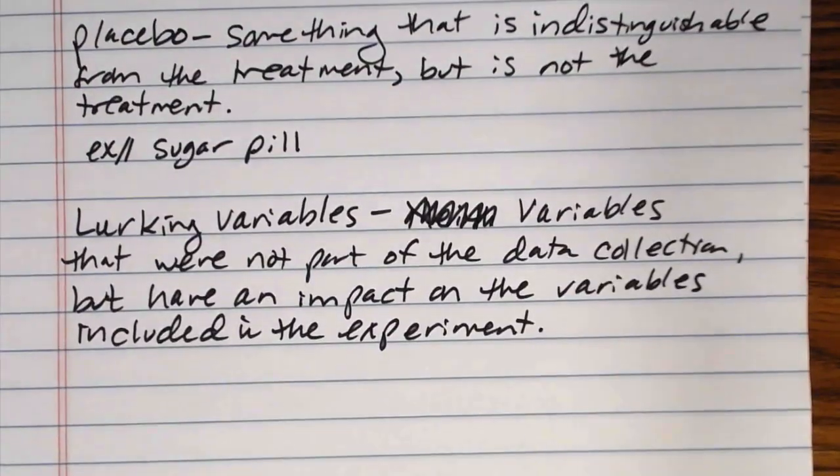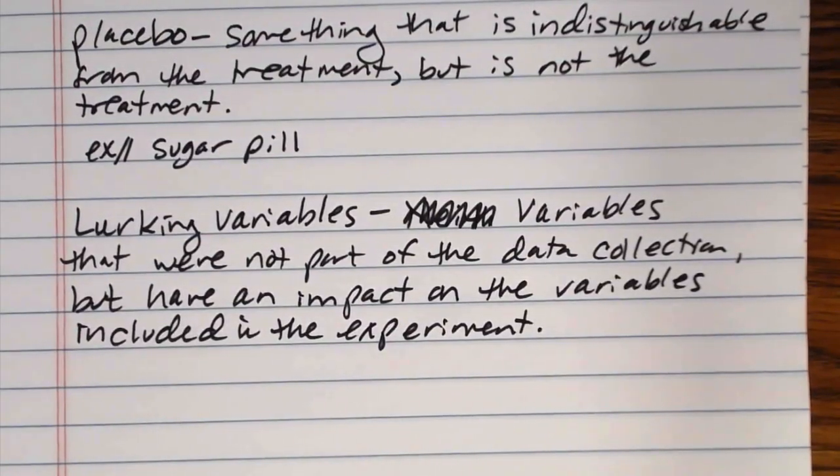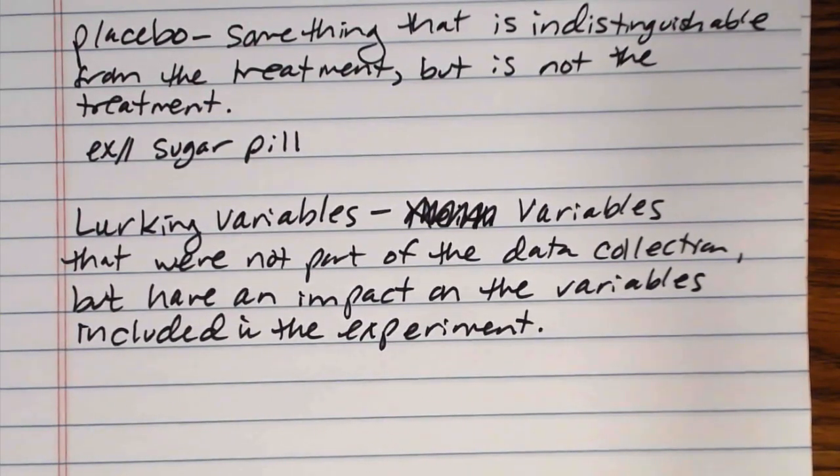Okay, so they're lurking variables. We didn't actually collect any data about them, but they're actually impacting the variables that we did include.